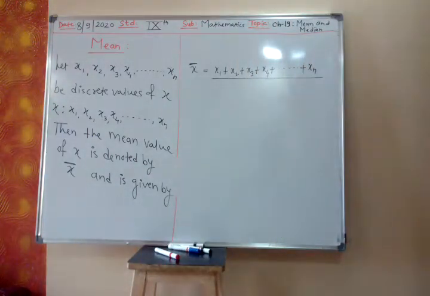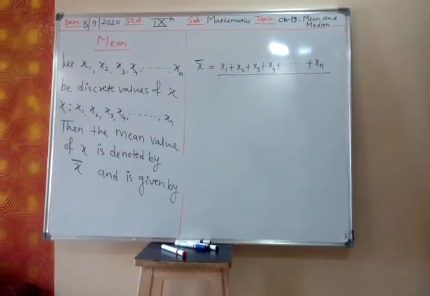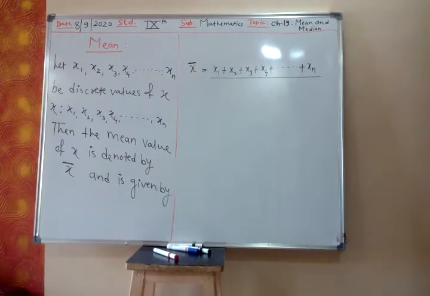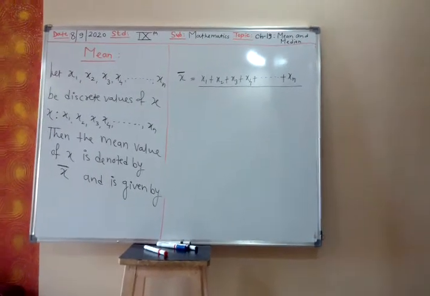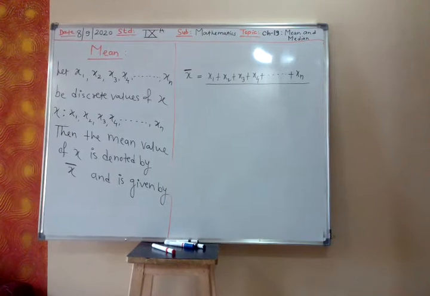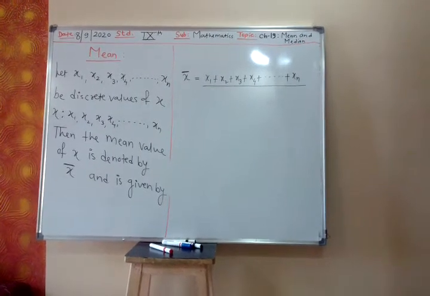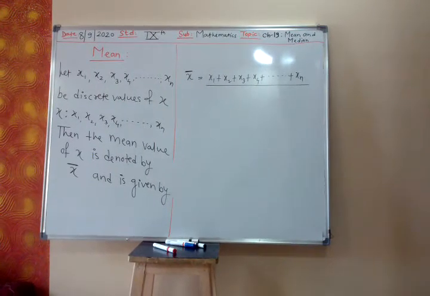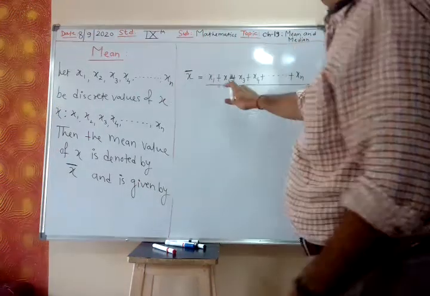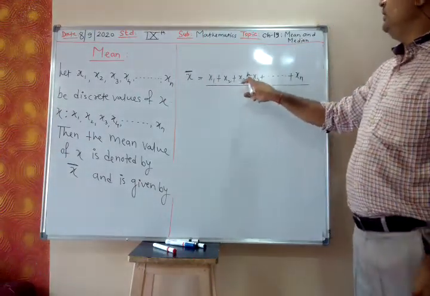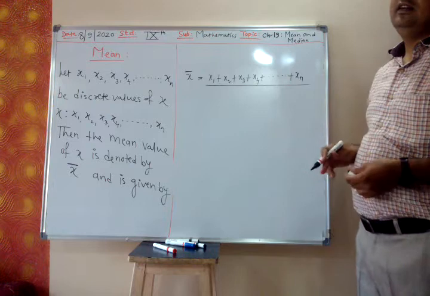एक मिनट. We add all the values of x. अभी क्लियर है? चलिए ठीक. We add all the values of x: x1 plus x2 plus x3 plus x4 plus xn.